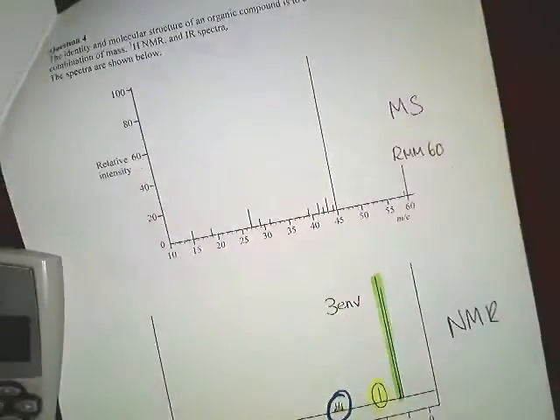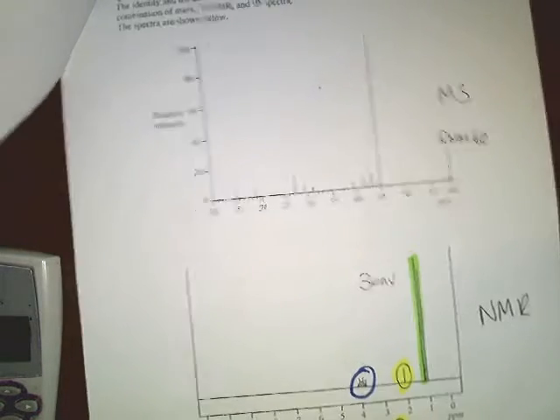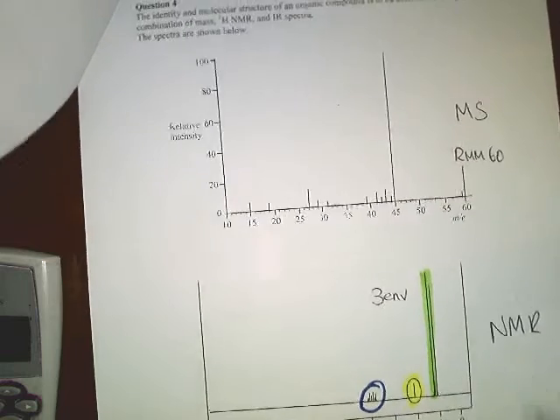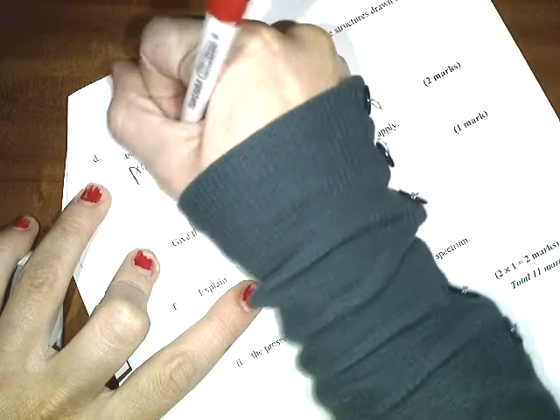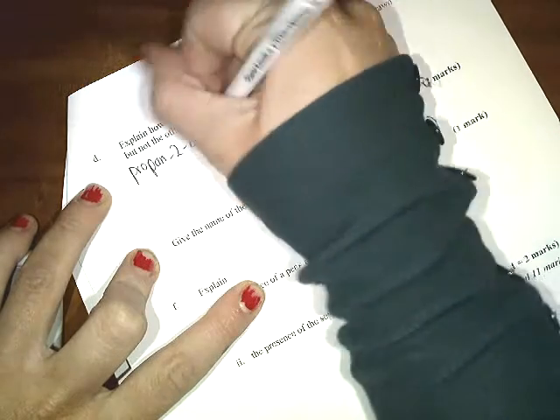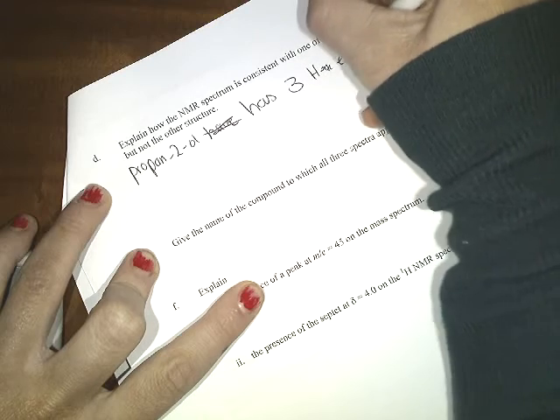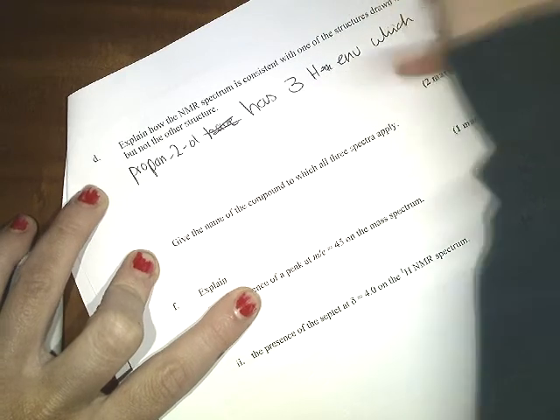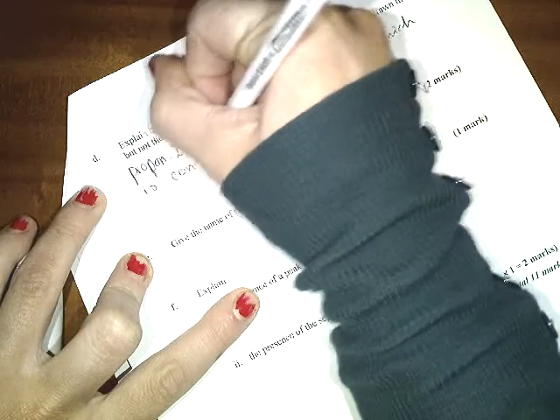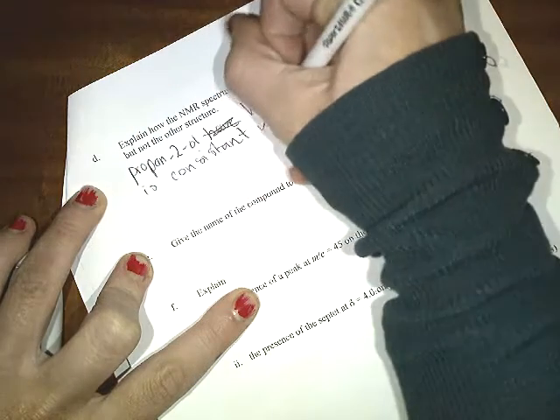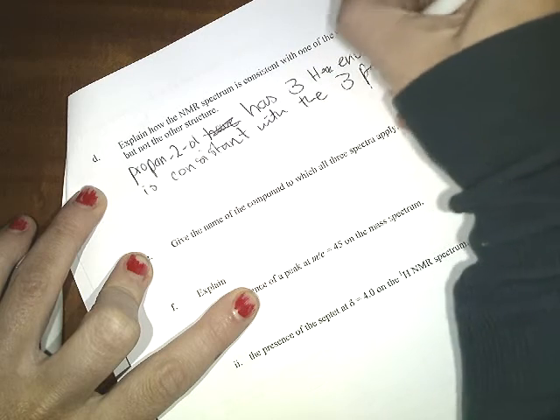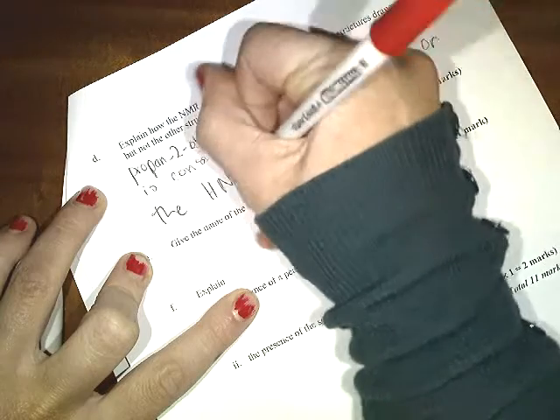So you could say that propan-2-ol has 3 H environments which is consistent with the 3 peaks on the HNMR spectrum.